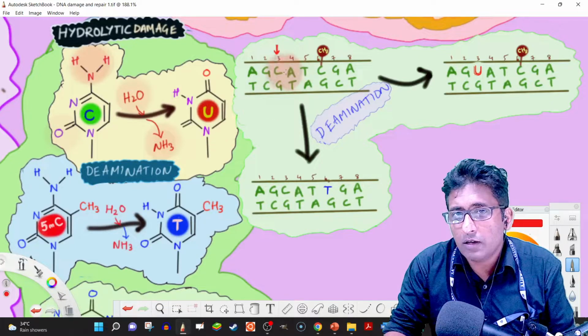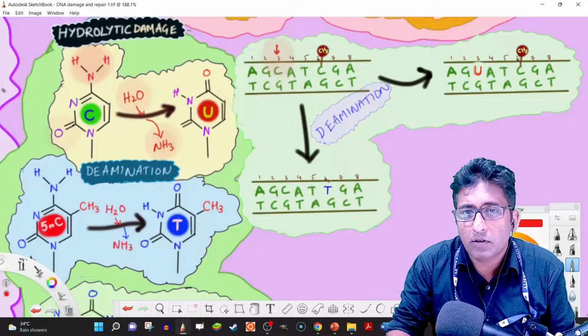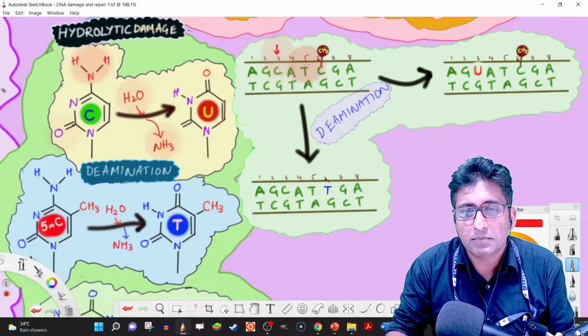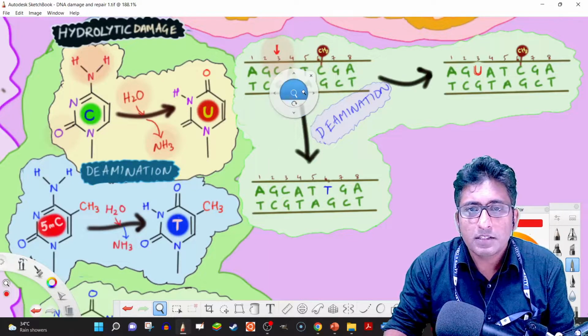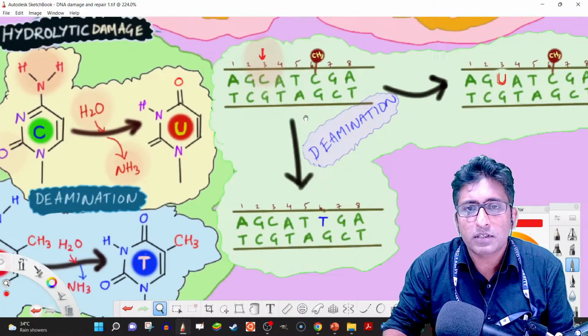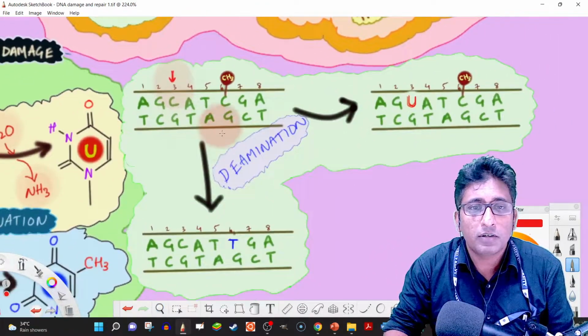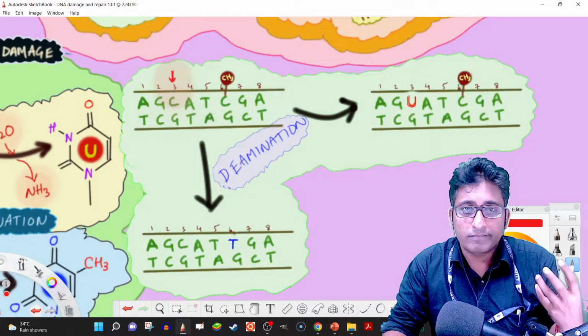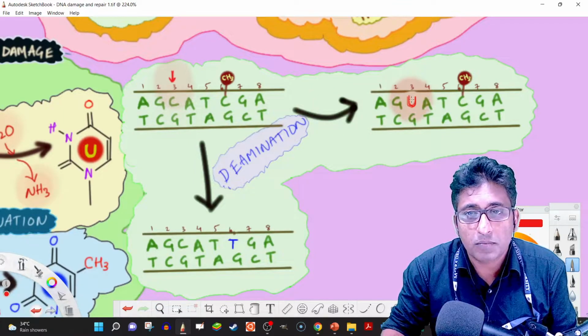And let's see how it happens. We will focus at this point on the 3rd cytosine that is present here. Say, for example, the 3rd cytosine has undergone deamination, and it has formed uracil.